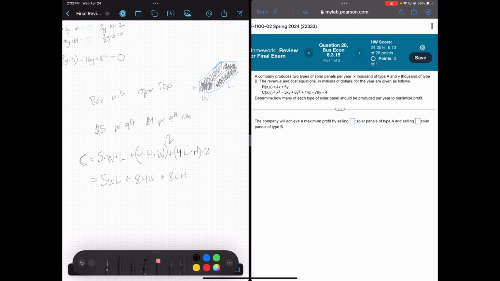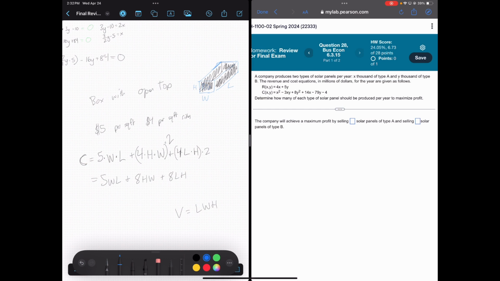But the problem is I still have too many variables, because this has 3 different variables that I'm worrying about. I don't want to have to worry about 3 different variables. How do I deal with that? It gives you a set volume. It says the box has to be a certain volume. Well, volume is just length times width times height.